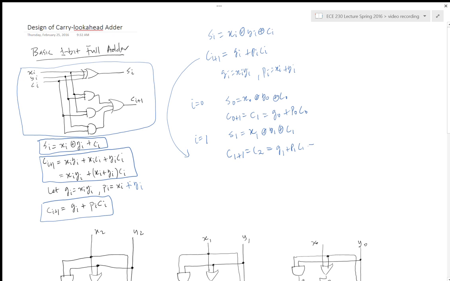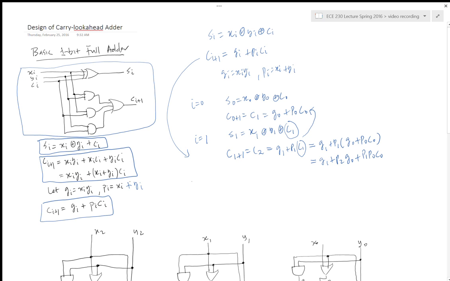But we know that C1 we can get right there, so we can rewrite that using C1 is G0 plus P0 C0. Okay, so C2 is G1 plus P1 G0 plus P1 P0 C0.